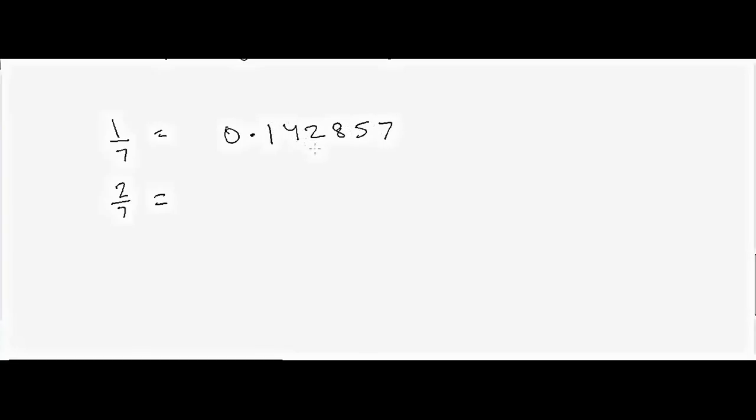The second smallest number is 2. So I say 0.285714. I started my number from here, went this side, and then put 4 here, and 1 also here. So I just move the sequence.